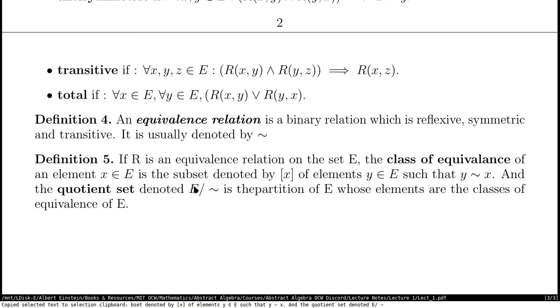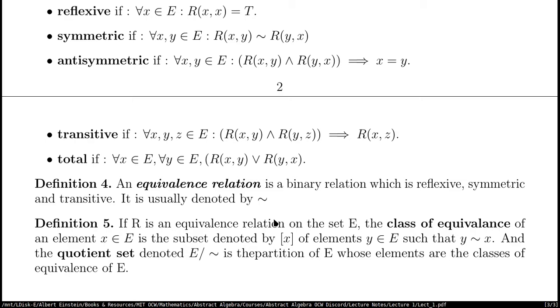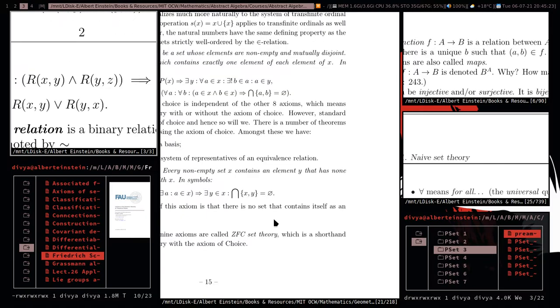So this is E slash tilde. We're going to use this extensively, as I said, because this is one of the fundamental things with which we can do a lot of things. So that was about equivalence relations.